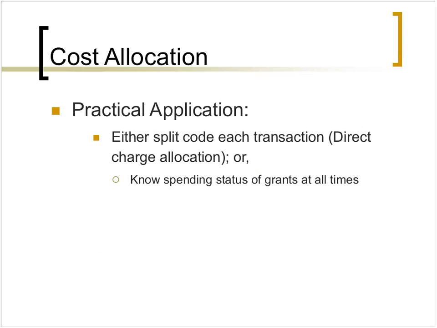Some practical applications to think about as you move forward with this. First, let's do our first polling question. That should be opening up on that right-hand side. It is asking, which cost allocation charging method does your organization use?